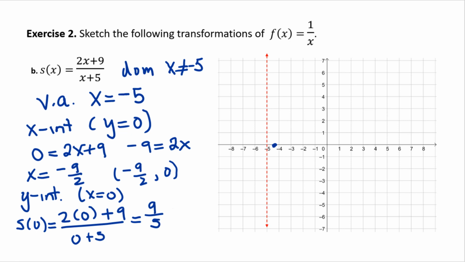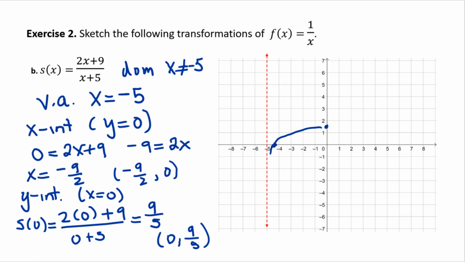So that corresponds to the ordered pair 0, 9/5. That's 1 4/5. So let's go ahead and plot that. We'll go to 0 and 1 4/5. So knowing the basic shape of the graph, we know that it's probably going to connect like this.